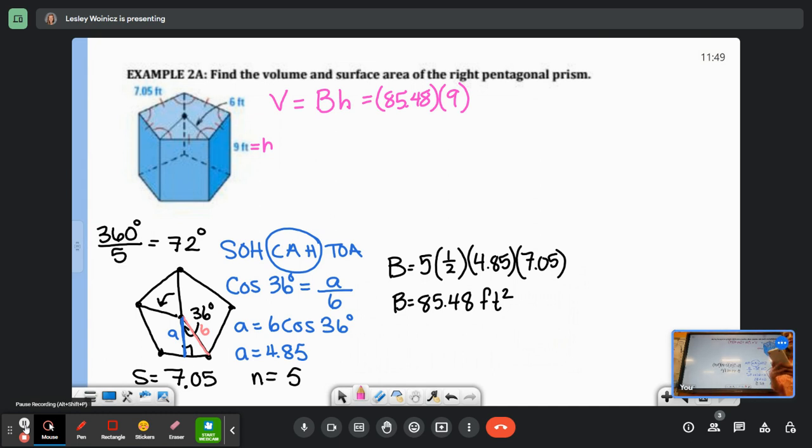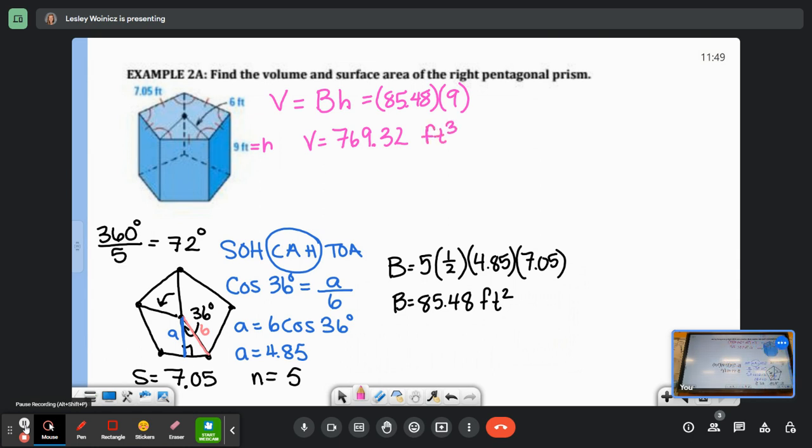Okay, so if you use the rounded one, you should get 0.32. We'll use the rounded one. That's what you got, right? Yeah. 769.32. And that is feet cubed. Cubic feet.